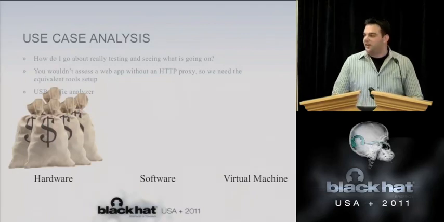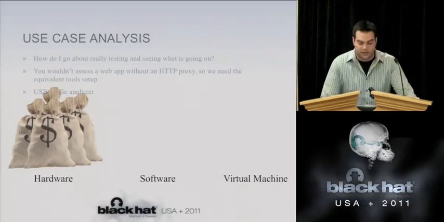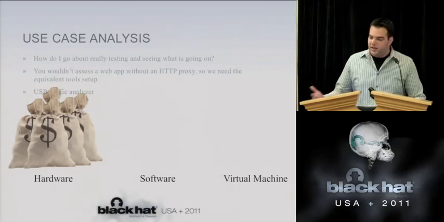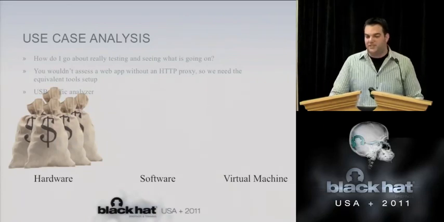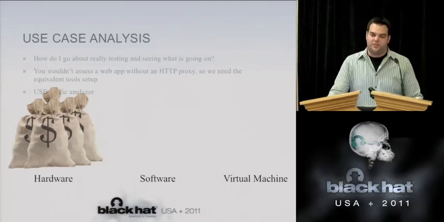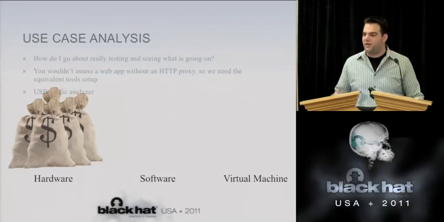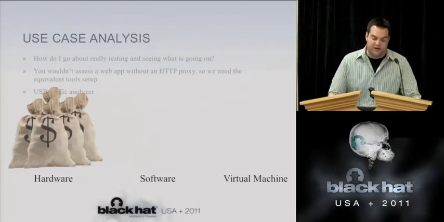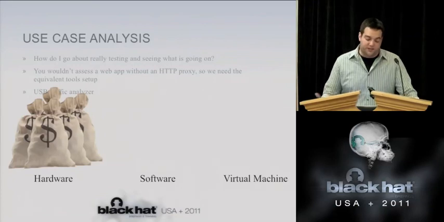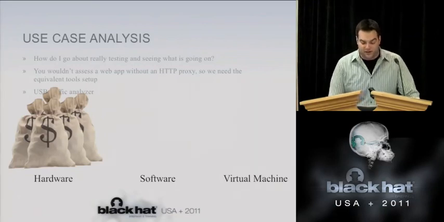So it's not the cheapest way to go about assessing these USB protocols. What seems to happen is the price of these devices keeps increasing as you get into faster protocols. USB 3 is going to cost you a ton if you want to assess that, because the hardware required to keep up with that speed is more expensive. But if you're in the situation where you need to assess that, you might have to spring for that hardware.